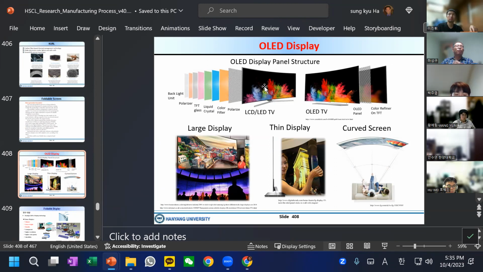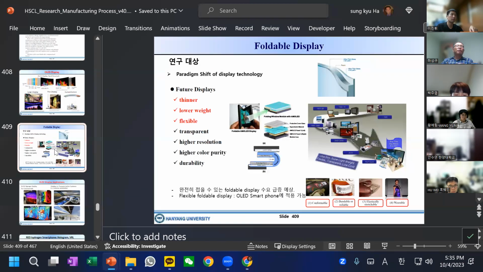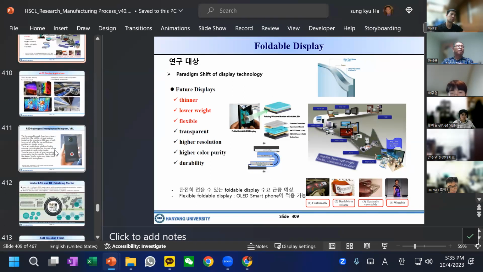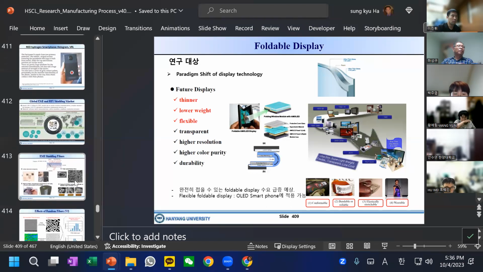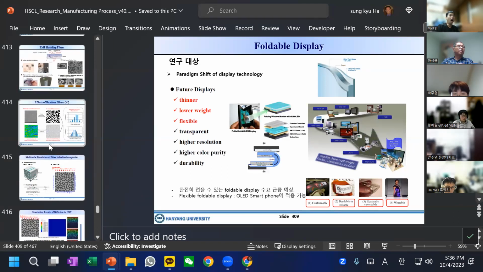Now this can be folded. How can we fold it? There can be a lot of electronics in there, and with understanding of all the lamination, we can better predict the foldable display. This research was done in our lab more than 6 years ago, but understanding of the folding is a very important feature.